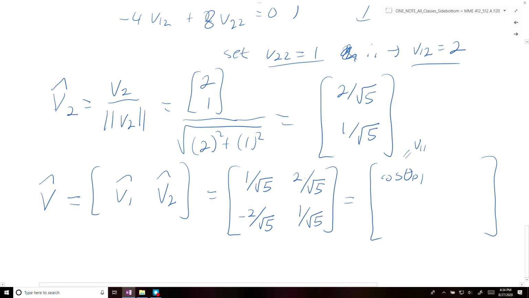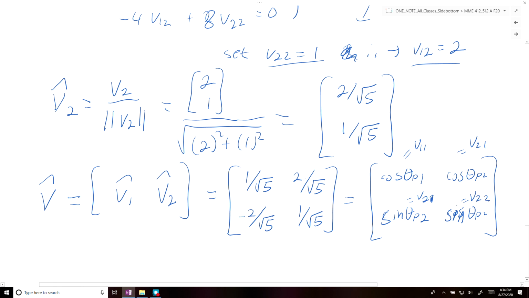Cosine theta p2 is going to be equal to v21. Sine of theta p2 is going to be equal to v21, and then sine of theta p2 is going to be equal to v22.